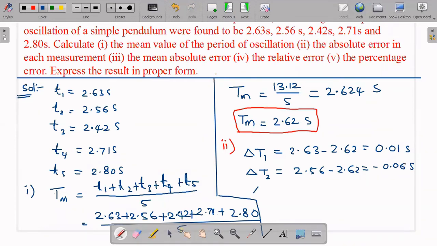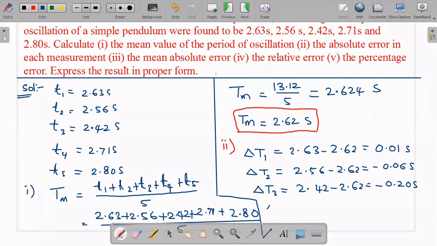Next, delta T3: 2.42 minus 2.62. How much will you get? 0.20, so minus here also, 0.20 seconds.